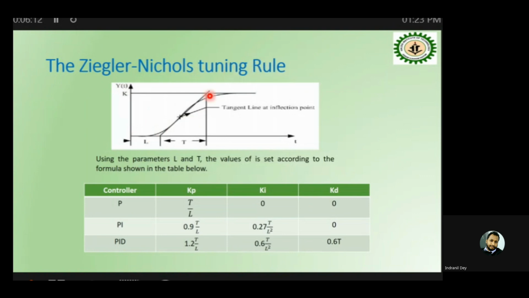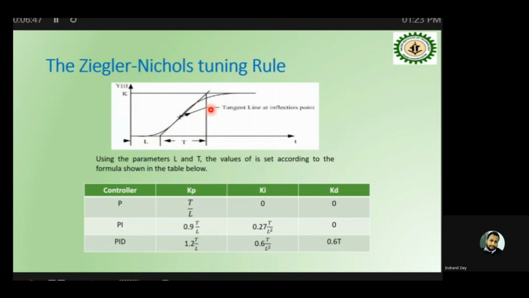This is an open loop method where we have an S curve, and from that we find two parameters, L and T, from the process output versus time graph. L is the delay and T is the time constant. After getting L and T, we can get the tuning parameters for my P, PI or PID controller. These are in the table. From this table, we can easily get my Kp, Ki and Kd values for a particular process for which we already have the open loop response.